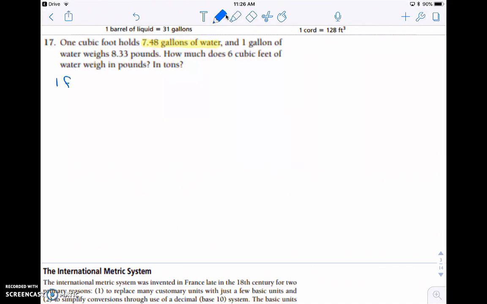Okay, so I'm going to write that down. 1 cubic foot holds 7.48 gallons. 1 gallon of water weighs 8.33 pounds. So I'm just writing down the information I know as I go. And it wants to know how much 6 cubic feet of water weighs in pounds, and then in tons.